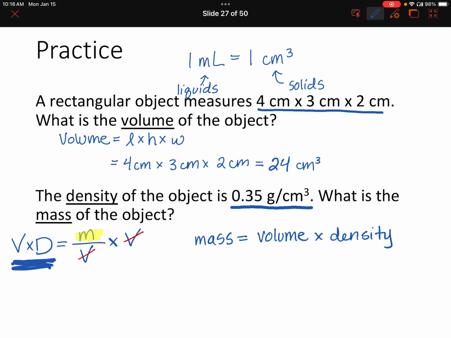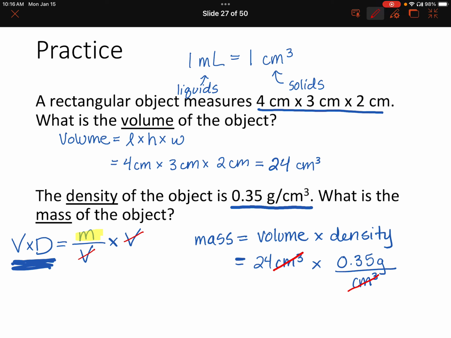Okay, so now we can plug in those values. So we have 24 centimeters cubed times the density, which was 0.35 grams over 1 centimeter cubed. All right, so it looks like our unit of centimeters cubed is going to cancel because it's in the top and the bottom.